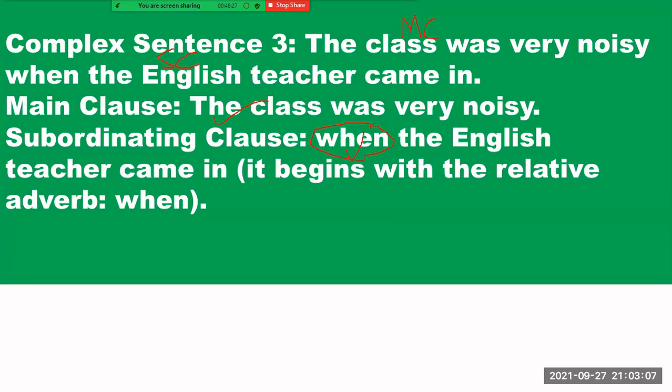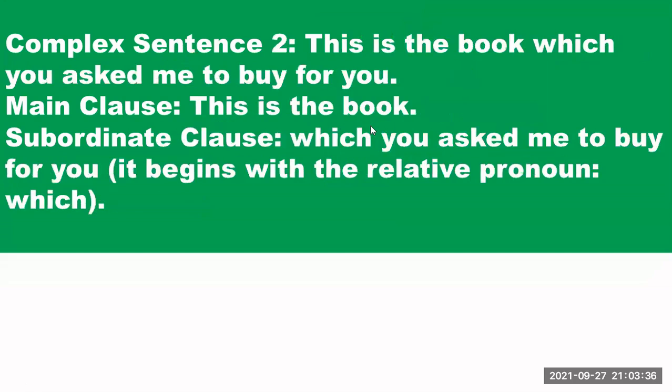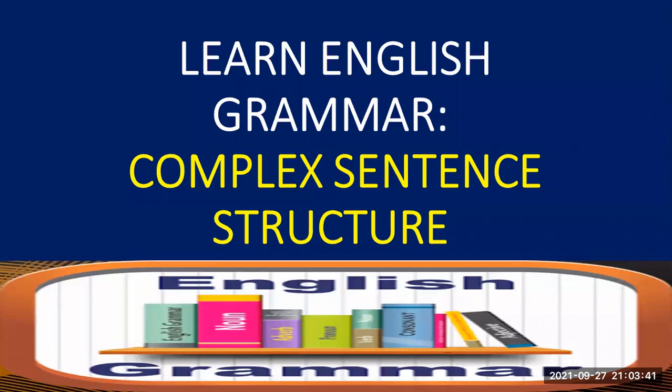And then we have also looked at the structure of the subordinate clause, and we find that some begin with subordinating conjunctions such as because, and some begin with a relative pronoun such as who and which, and some begin with a relative adverb such as when. All right, so then don't forget the main features that we have talked about in this video.